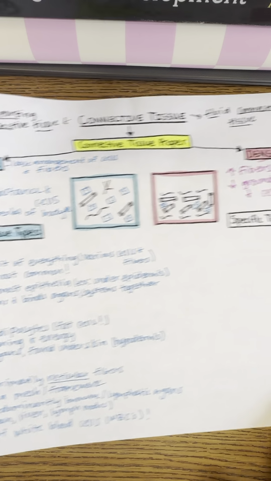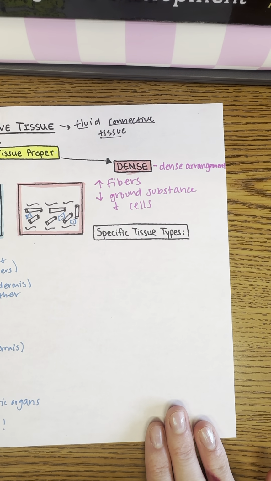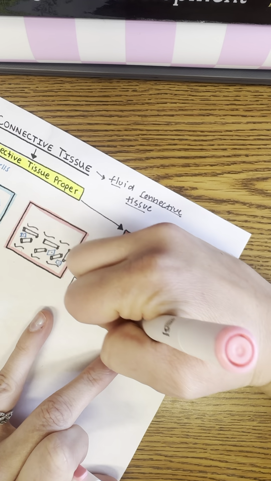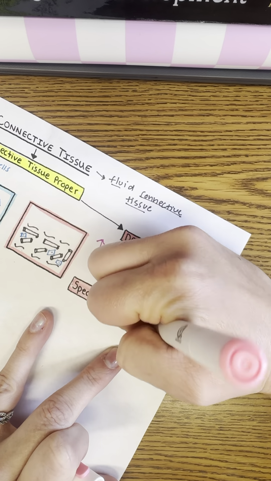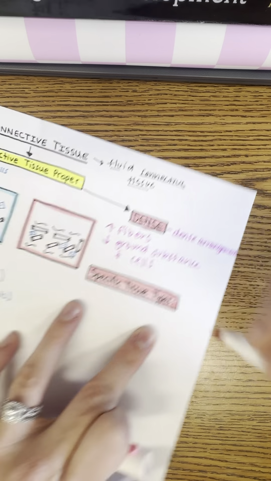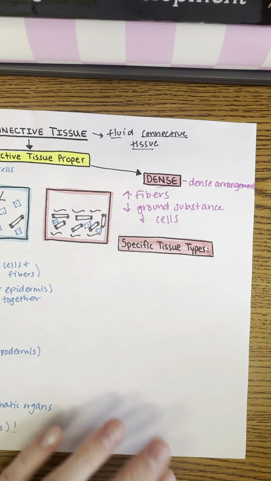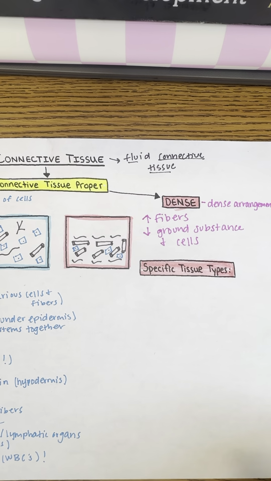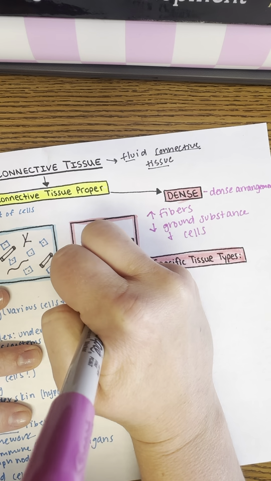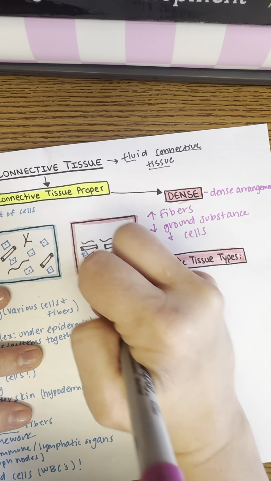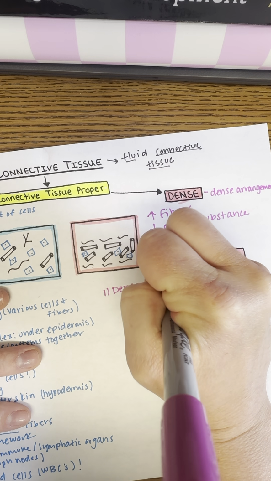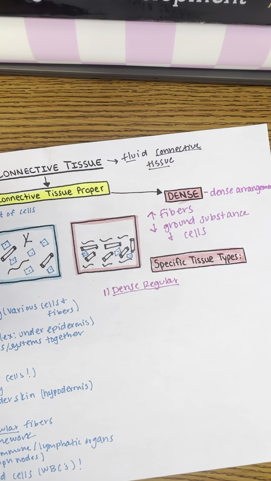So now we're going to go over to the other side and let's talk about specific tissue types for dense connective tissue. Again, our color for this is pink. Please feel free to use any color that you like though. Nice thing about this, we only have two types of dense connective tissue. The first is dense regular connective tissue.